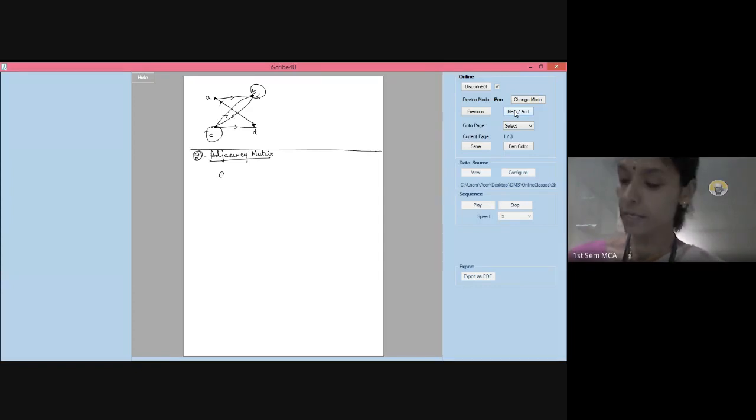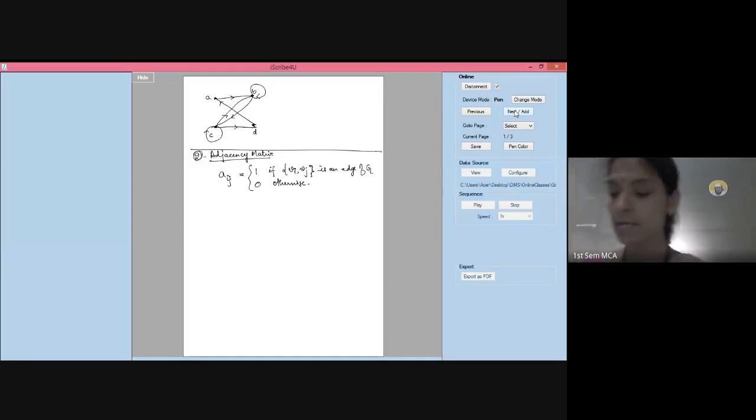Every entry in the matrix Aij will be equal to 1 if there is an edge from Vi to Vj, where G is your graph. Otherwise you make it 0. A very simple one; I think all of you would have learned it somewhere. So every entry Aij is 1 if there exists an edge Vi to Vj, 0 otherwise. Let's take a simple graph.